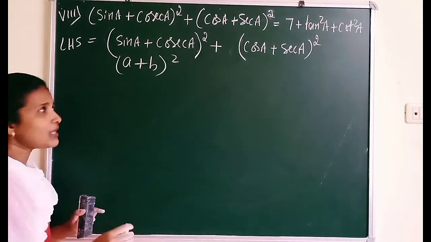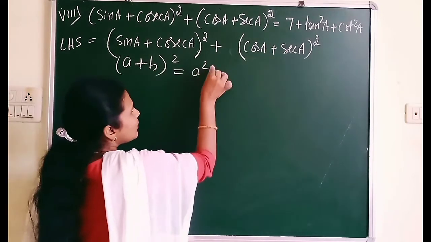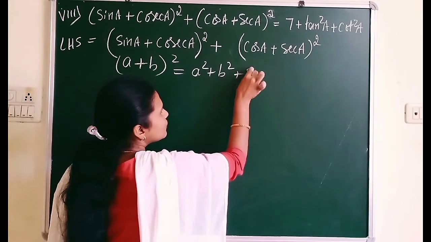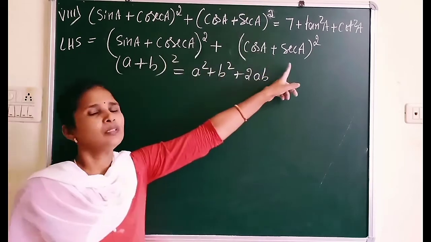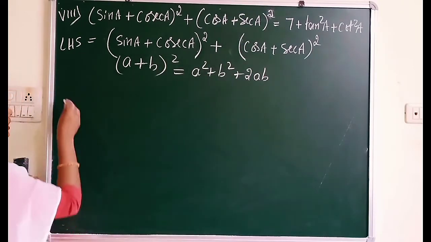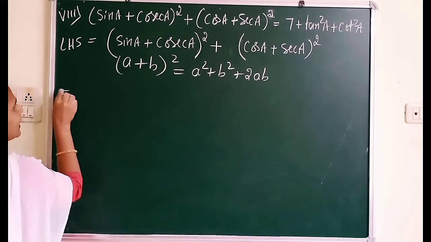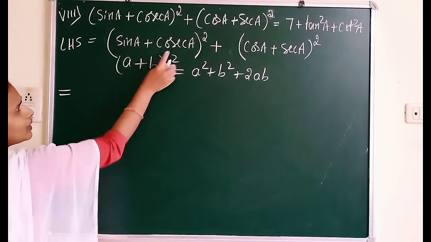So I am using the algebraic identity a square plus b square plus 2ab. This identity we are going to use now in both the brackets. So now apply the identity and expand it. So a is sine and b is cosec.